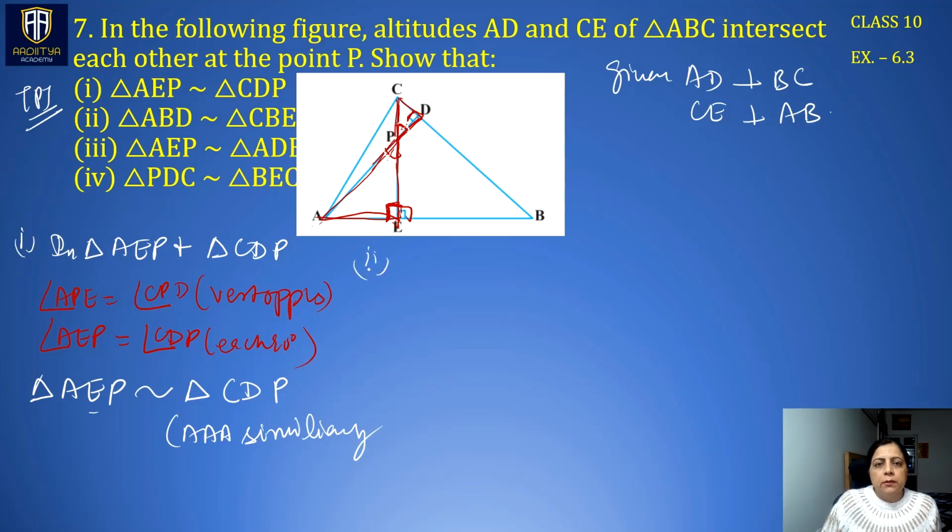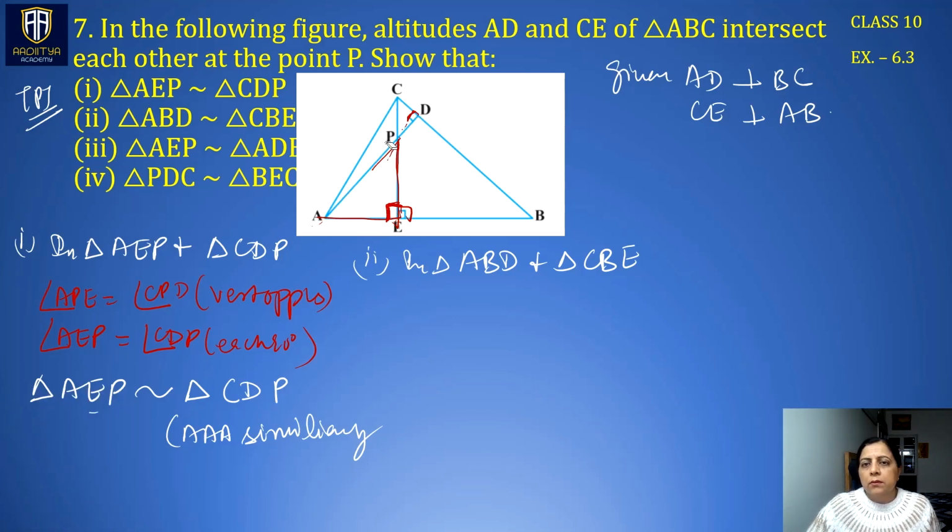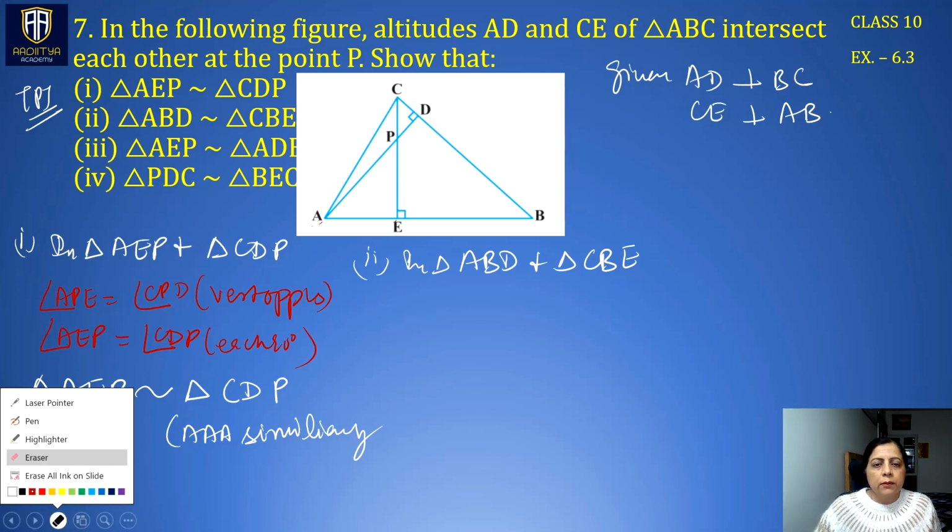For the second part, it is triangle ABD and triangle CBE. What we have to do? Now let me erase this. Now we mark those triangles.